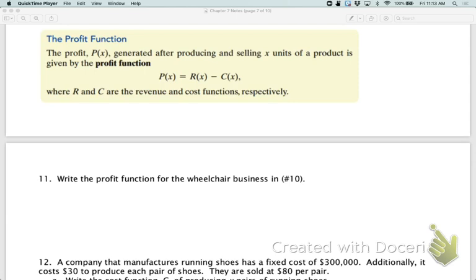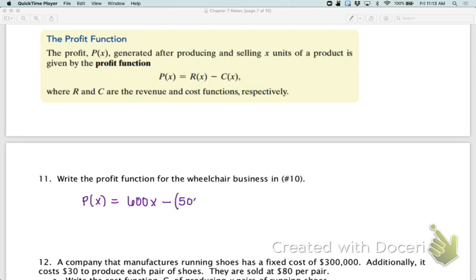So if we wanted to write the profit function for the previous example in the wheelchair business that we just saw, P of X is our profit function. Okay. So it is going to be the revenue, which was 600x, that was our revenue function, minus the cost function, which had two terms, so we need parentheses here.